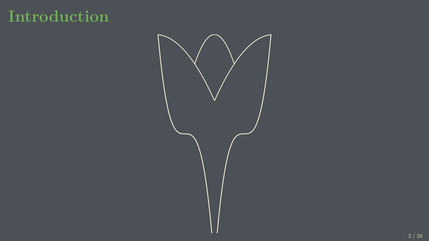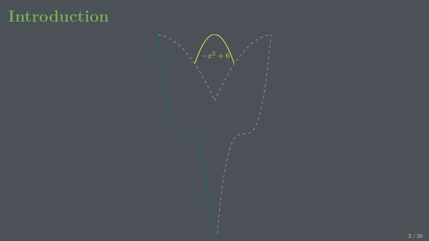If you break the picture down into smaller pieces, then we can realize them as the graph of specific polynomial functions. For example, this part of the picture is a parabola which opens down.